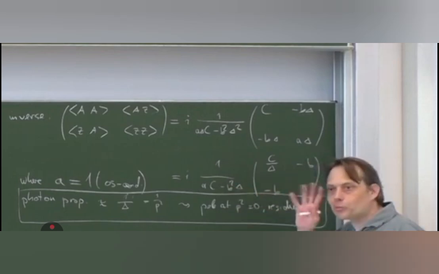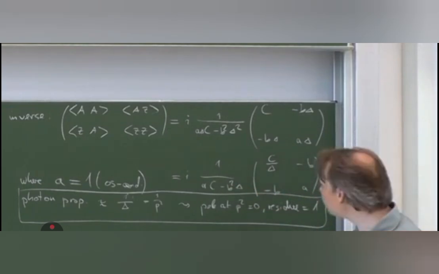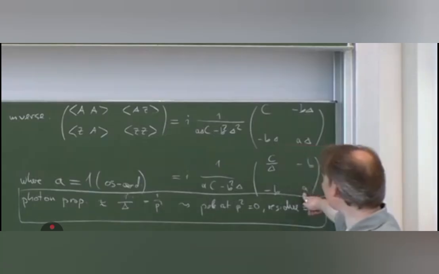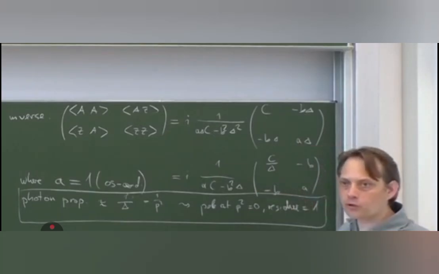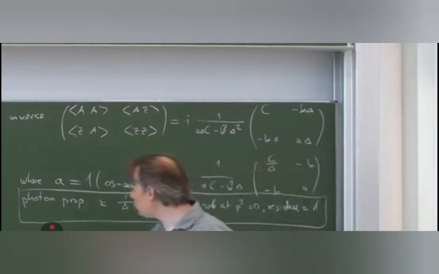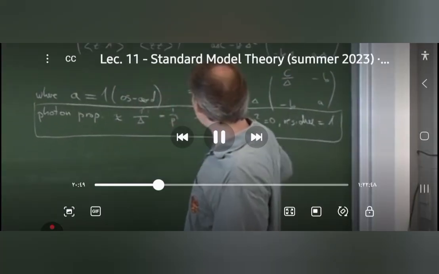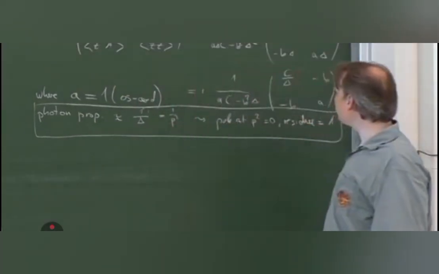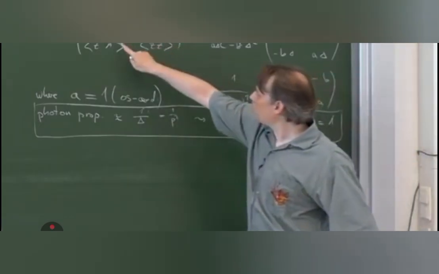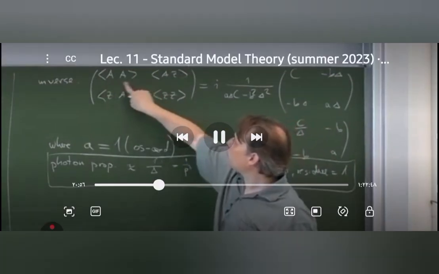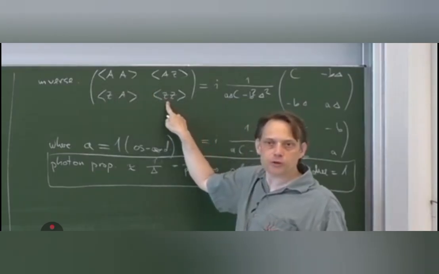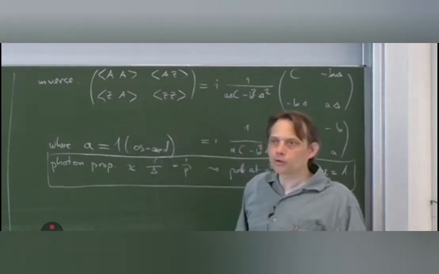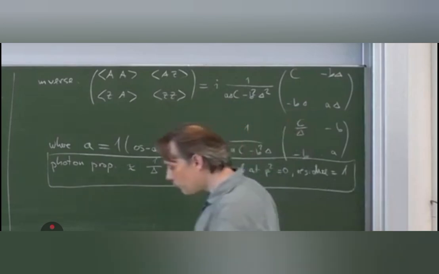So that is maybe something where one might get confused. And the Z propagator at p square equals 0 has no pole. So this is what we call unmixing. The mixing basically goes to 0. So we have in the system only this 2-point function has a pole at the photon mass, and all the other 3, they are non-zero, but they do not have a pole at the photon mass. So that is very nice.